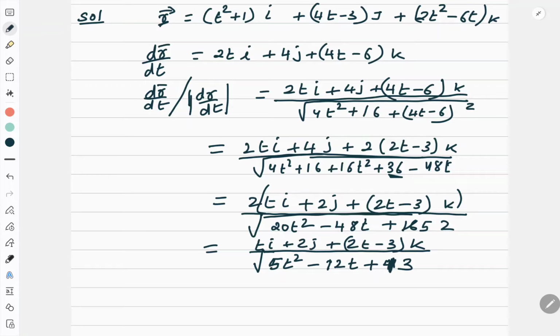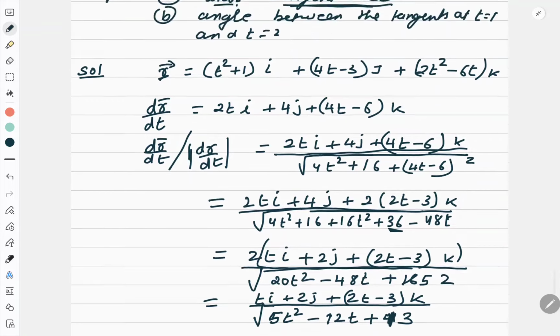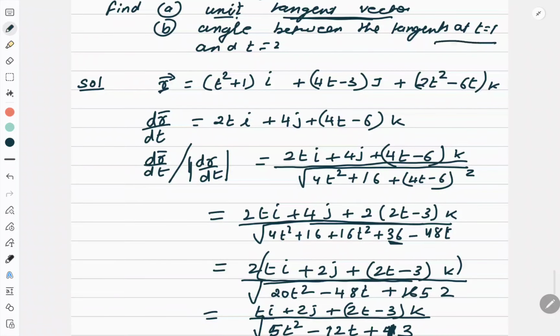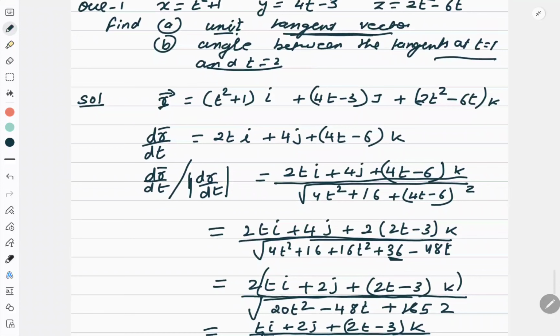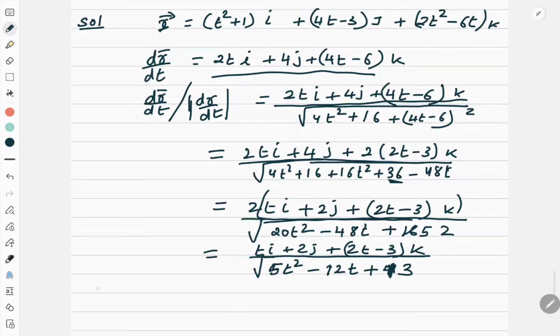What is the second part I asked? Find the angle between the tangents at t is equal to 1 and t is equal to 2. So now what is a tangent vector? Tangent vector is this. So I need to find the value of this function at t is equal to 1 and t is equal to 2. Let me call it, at t is equal to 1, a.